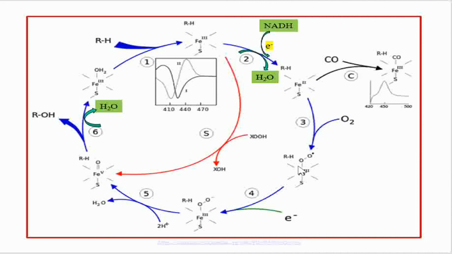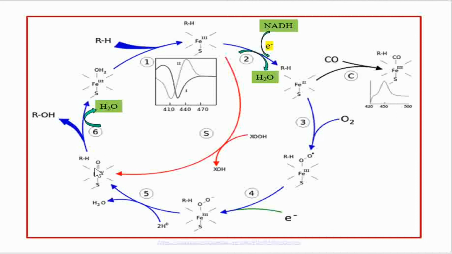Due to addition of the oxygen molecule, reduction and protonation take place, which leads to the cleavage of this OO bond, and due to cleavage of this OO bond, one water molecule will form, and this will convert into the Fe5+ species, that is an oxo complex of Fe5+, which is very reactive and very unstable due to its high oxidation state.